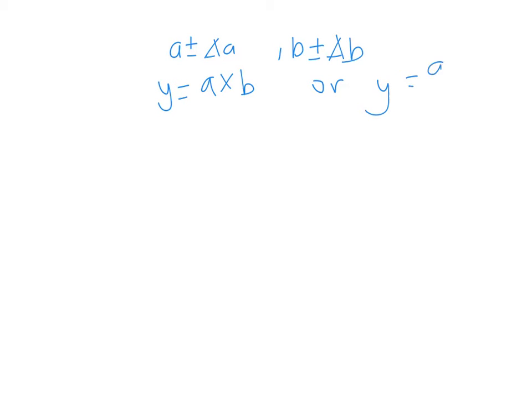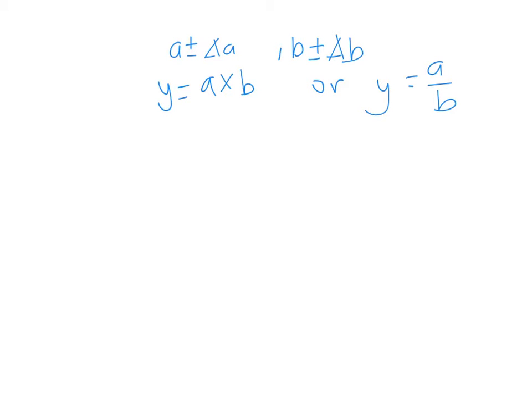Now, what about the case when you multiply or divide two quantities? Remember just now we had A plus minus delta A and B plus minus delta B. So if you take both of them and you multiply, or you take A divided by B, the only way to find the uncertainty for Y is to first find the fractional uncertainty or the percentage uncertainty.